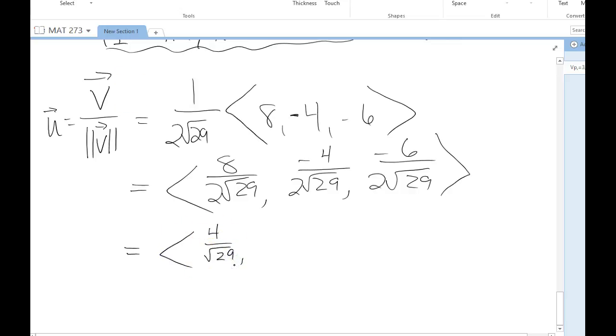Now, when it comes time to take our test, I don't care if you rationalize or not. You can leave it as 4 over radical 29. That's perfectly fine with me. In MyLabs Plus, they might make you rationalize it.